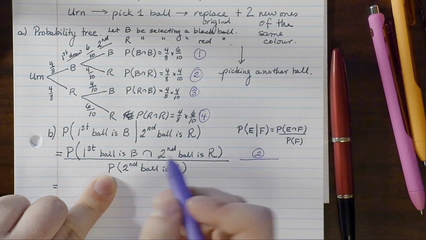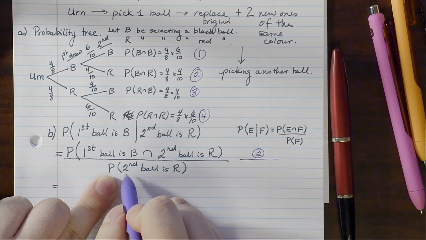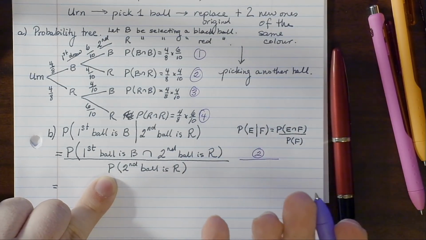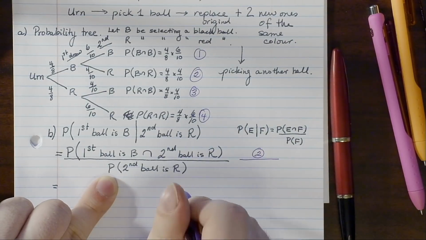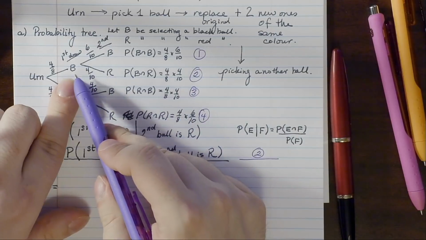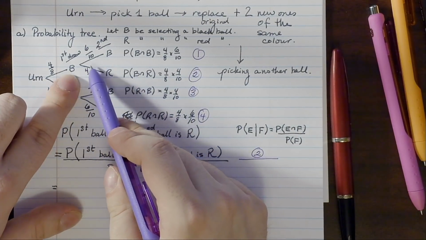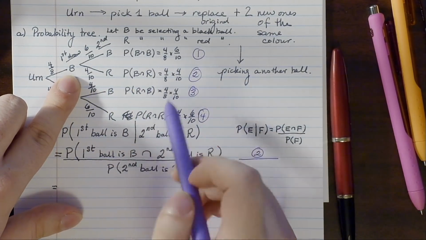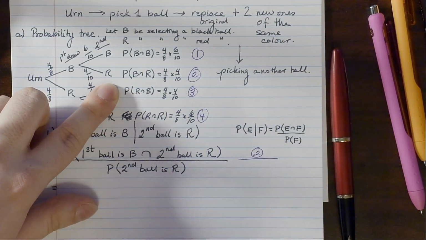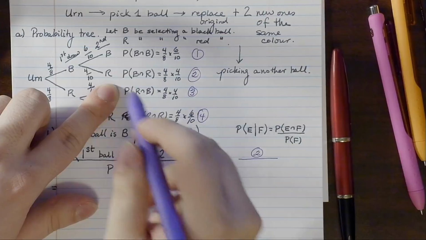Now, the next part is I look in the cases where the second ball is red. I don't care necessarily what happened in the first ball. I only care that the second ball is red. So I go through my tree and I see black and black. Nah, don't really care about that one. I see black and red. This I do care about because the second ball is red.